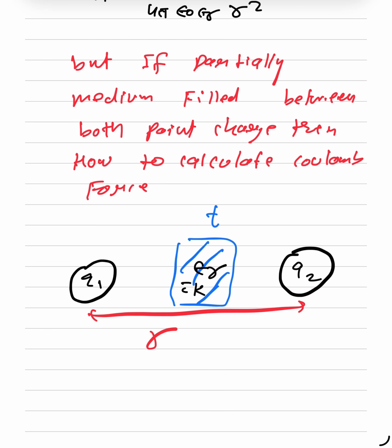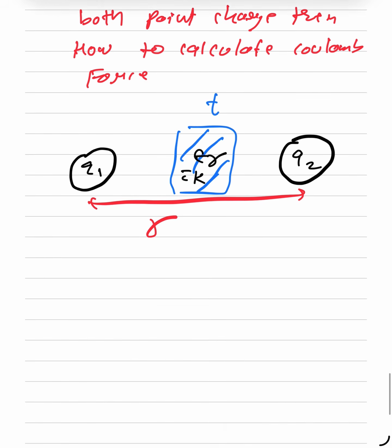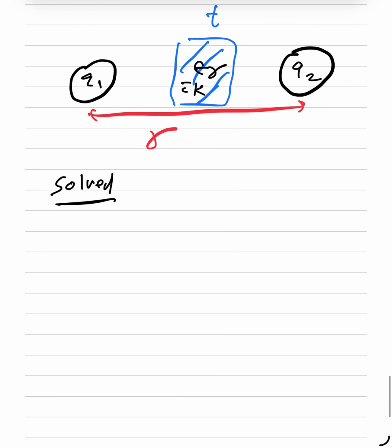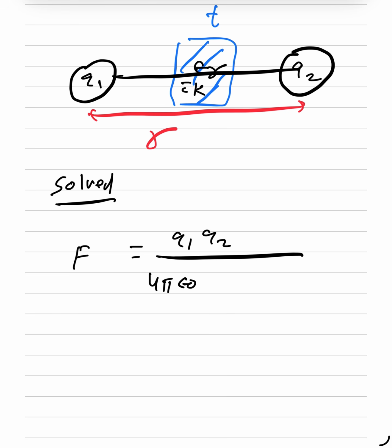How do we calculate the Coulomb force in the given diagram? The Coulomb force is Q1 times Q2 divided by 4 pi epsilon naught times the bracket (r minus t, plus t root k) whole squared, where k is the dielectric constant of the medium.